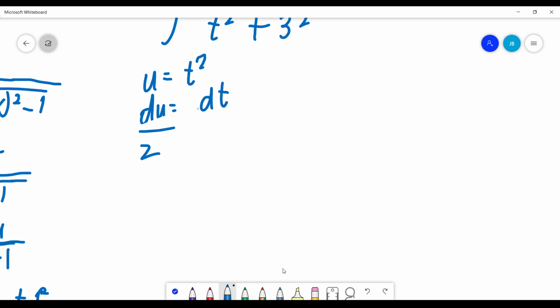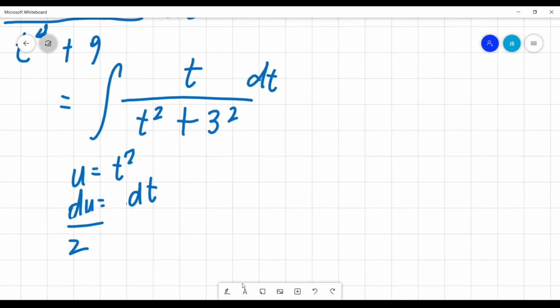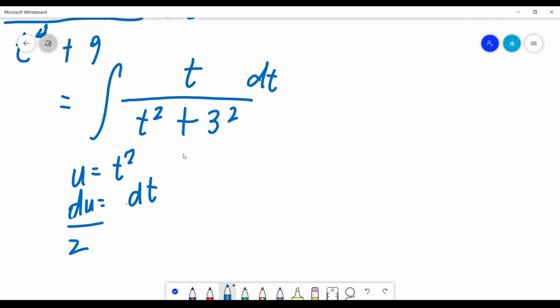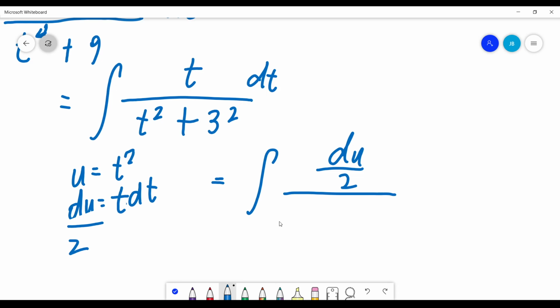So changing this form back into u, we can simply say that this is equivalent to, so your t dt, that's 2t dt, right? I forgot to put the t. So your t dt is du over 2, and t squared plus 3 squared, that is u squared, right?